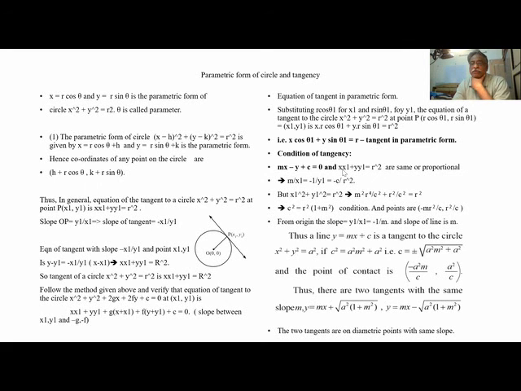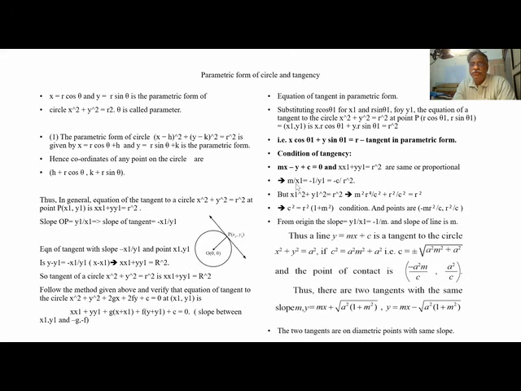So m by x1 is equal to minus 1 by y1 is equal to c by minus r². R² also should come here because it is on the other side of the equation. But we know x1² plus y1² is r². So when we substitute, the condition we get is c² is equal to r² into (1 plus m²). This is the condition when the center is 0, 0.